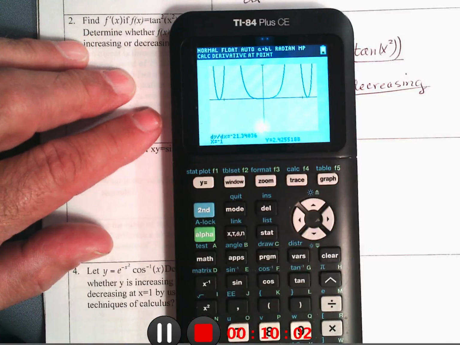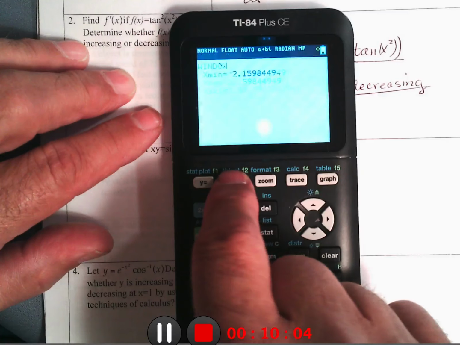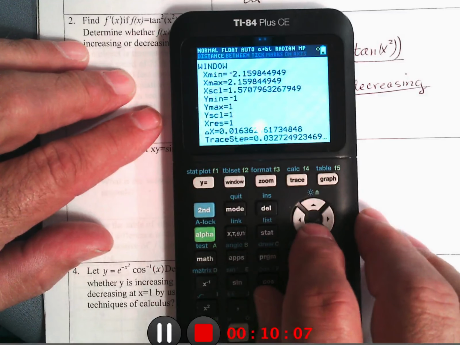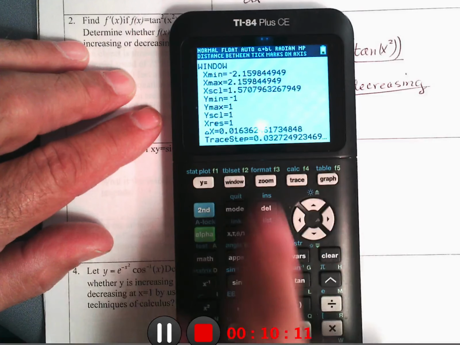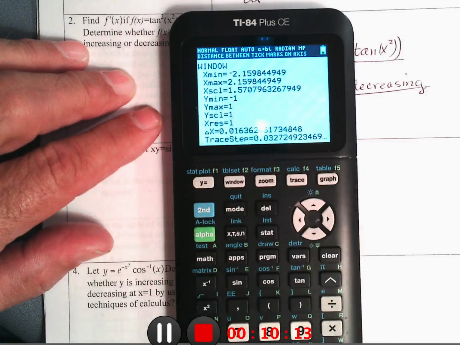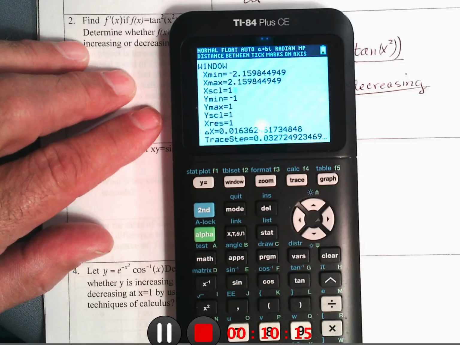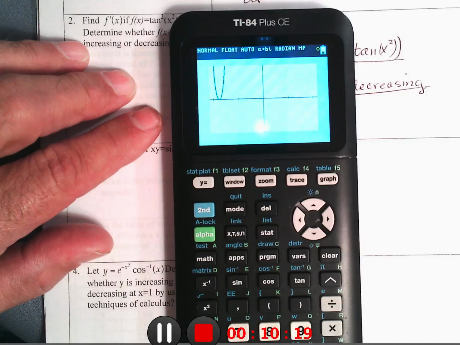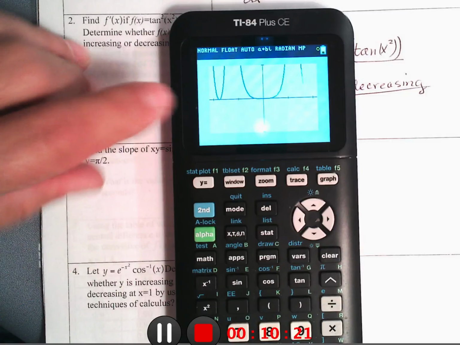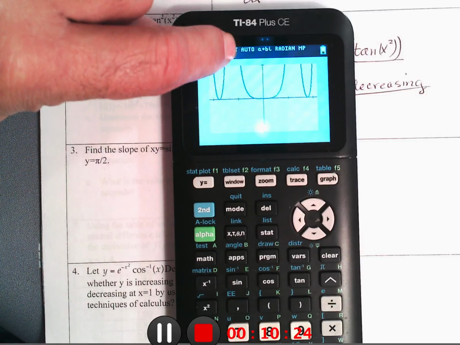Let's go to Window, and let's make the X scale be by mark it off every 1 and not every pi over 2. So now let's go back to the graph. Now it's showing us where -1 is, and that does look like it's going downhill.